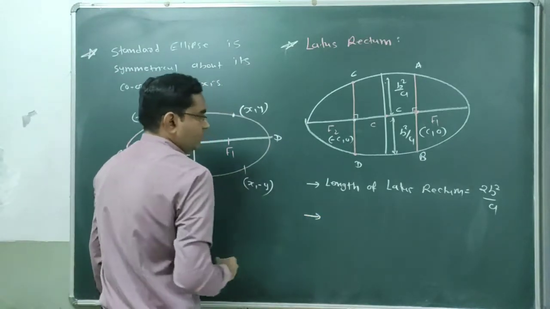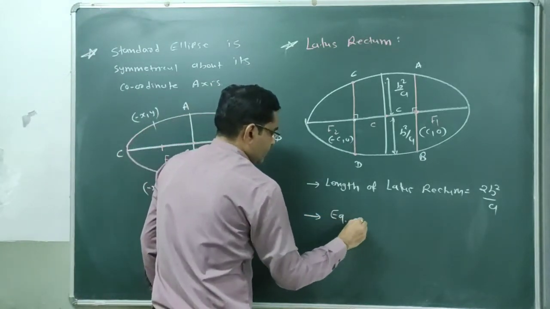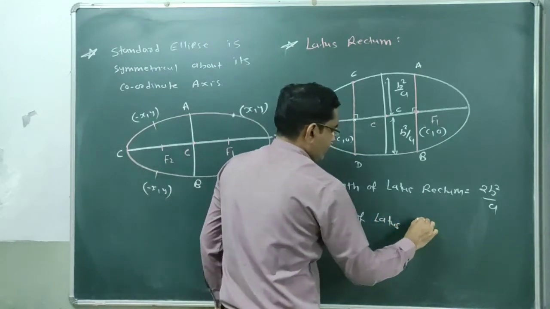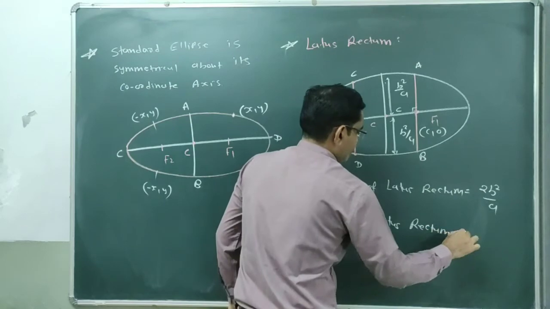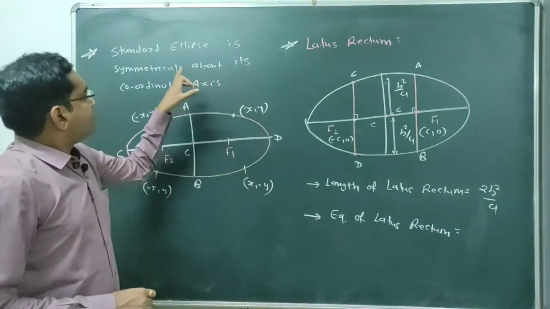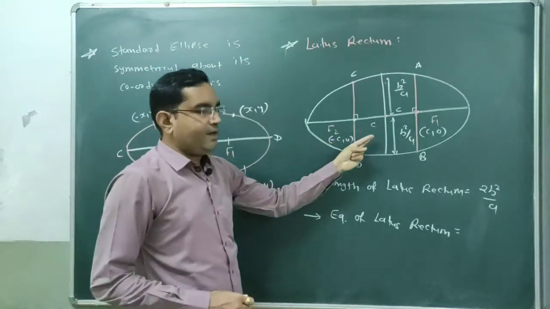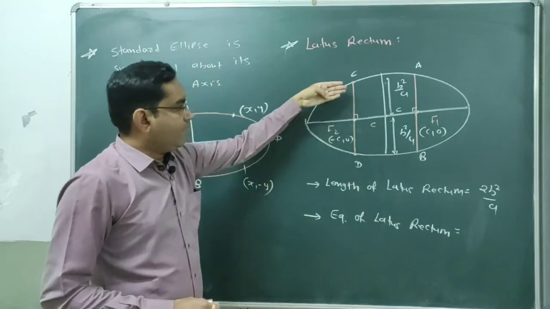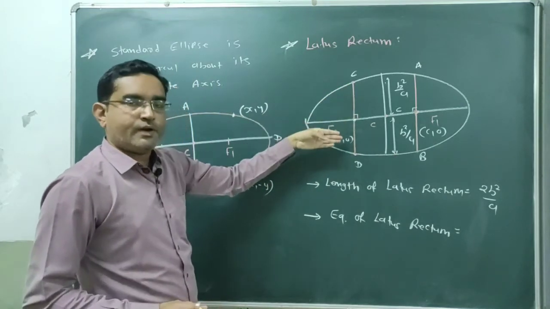Or we can also write the equation of latus rectum. So what should be the equation of latus rectum? For any ellipse, two possible latus rectum will be there. Done. Latus rectum is perpendicular to the axis.